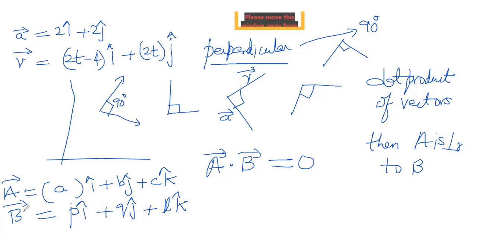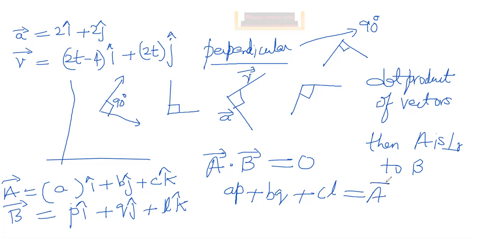Then when you do the dot product, you only take i with i, j with j, k with k. That means the answer is AP plus BQ plus CL. That's all. This is called A bar dot B bar.